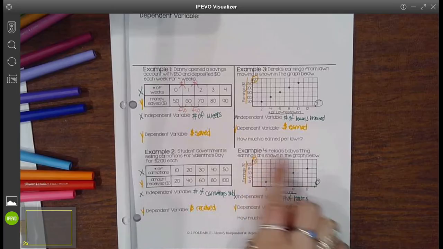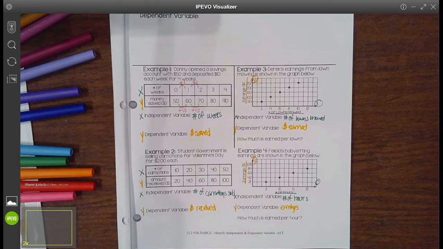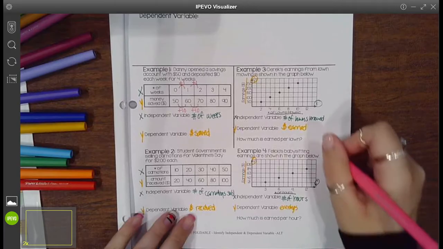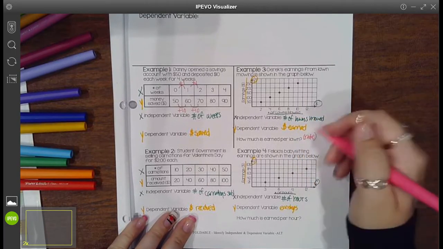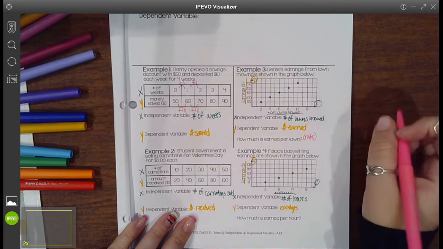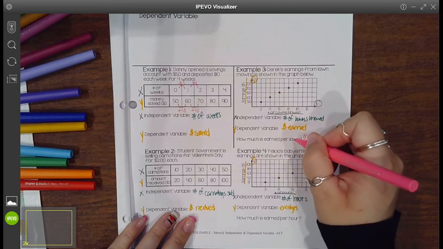Now notice that there's another question for this, and it's saying how much is earned per lawn. So sometimes you might see that also asked as the rate. So what's the rate in which this is done, or the rate of change? All of this is asking if they want to find the amount of this per that. How much is earned per lawn?